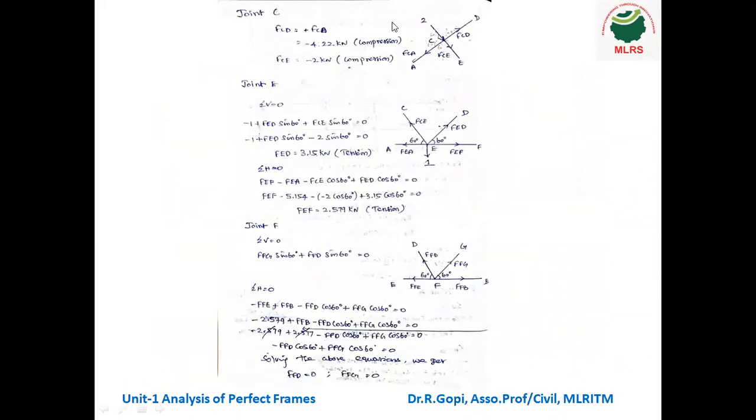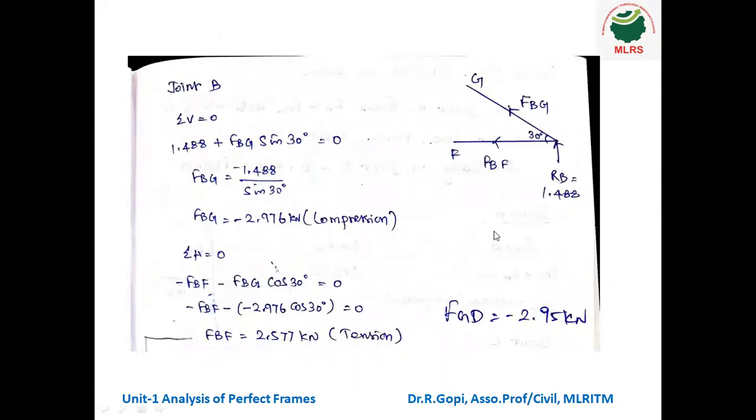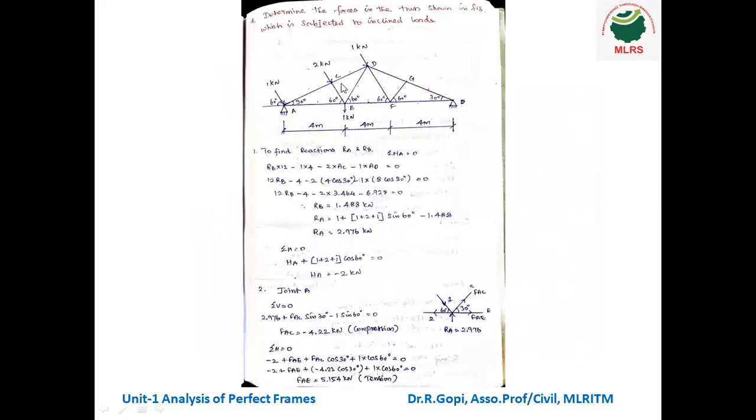So next come to joint C. You can see here in joint C, the forces are acting perpendicular. The load is acting perpendicularly to the span AD, so we can resolve the forces.